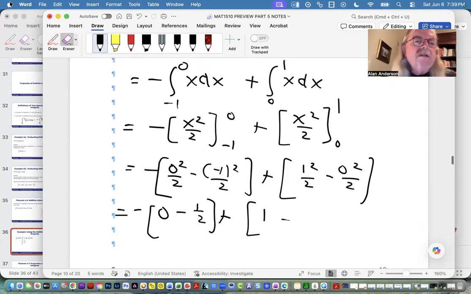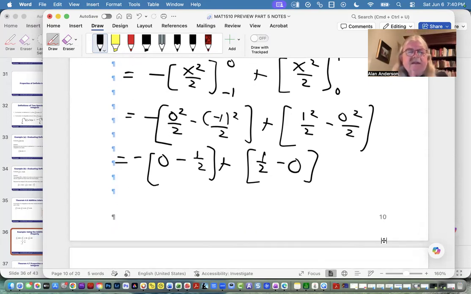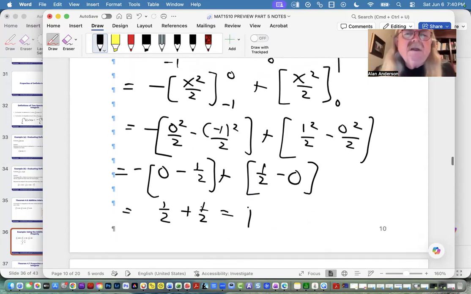1/2 minus 0. All right. Now, of course, this one has a negative. So this is 1/2 plus 1/2, which is 1.